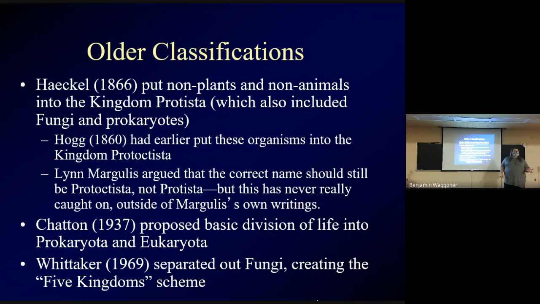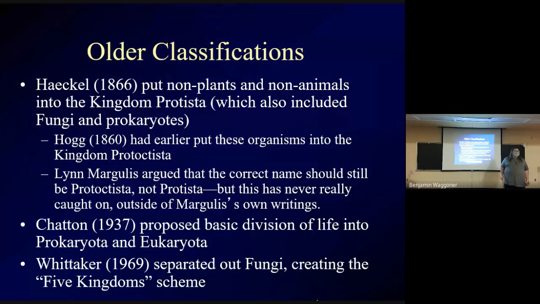And I'll mention this very briefly. Lynn Margulis, who came up with this idea of serial endosymbiosis, came across an older paper by a guy by the name of Hogg, who had the same idea but put these organisms into a kingdom protoctista.